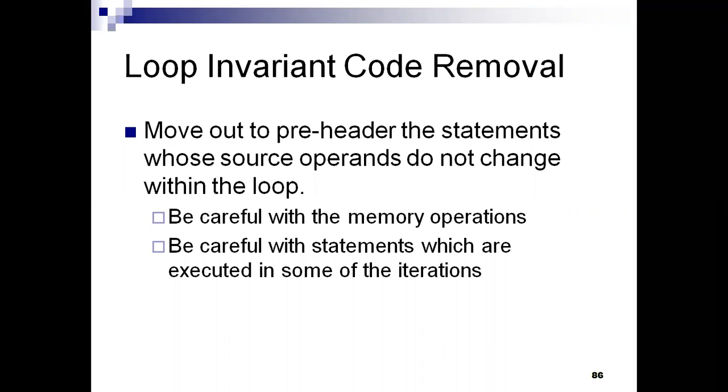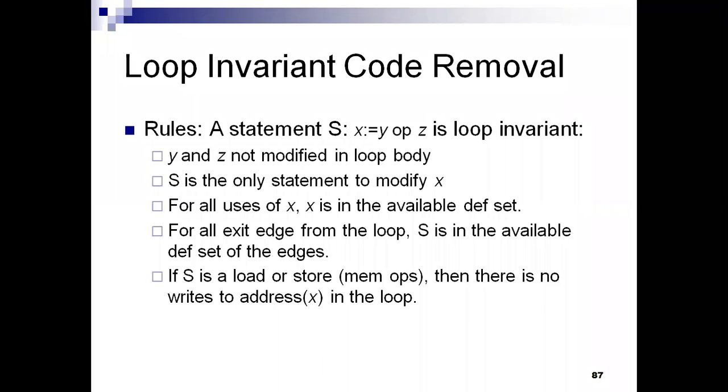That is loop invariant code removal, and this is one of the most important transformations in loop optimization. The rules we need to consider: be careful with memory operations, and be careful with statements which are executed in only some of the iterations.